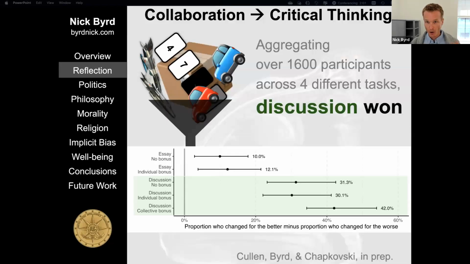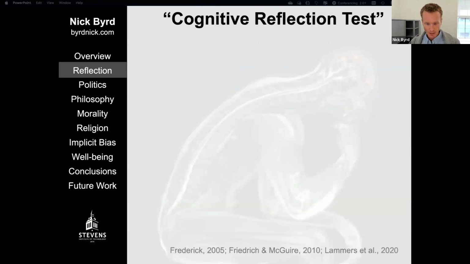And so this is part of the reason why I think collaborative argument mapping could have benefits above and beyond argument mapping alone.